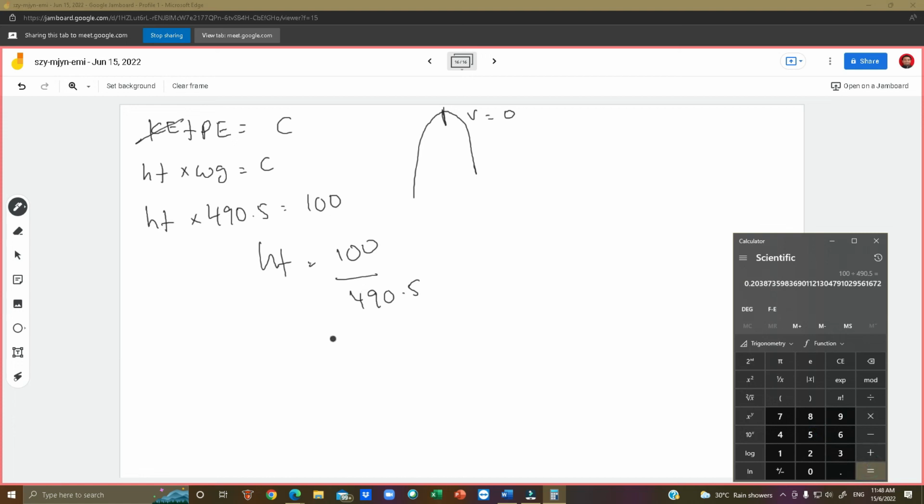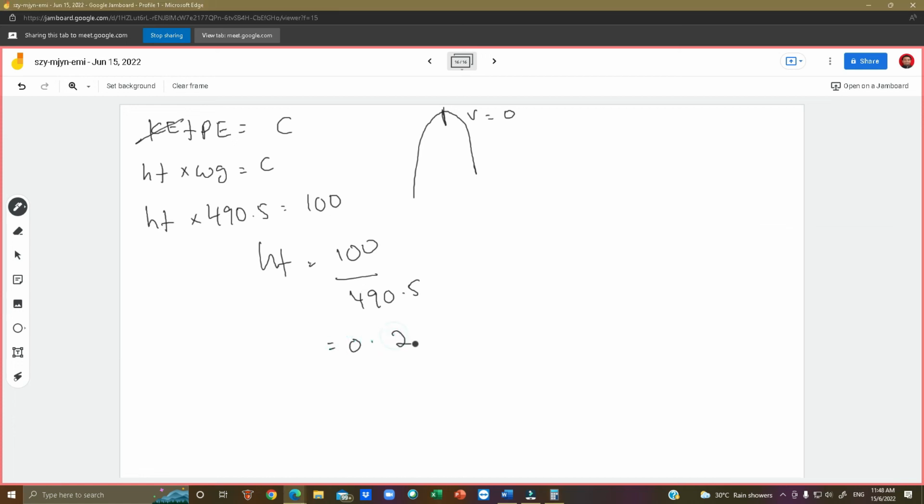You have 0.2 meter. That is the height achieved ataupun 20 centimeter. Itu cara penggunaan dia lah. And how we use PE plus KE equals to constant K. Okay, boleh.